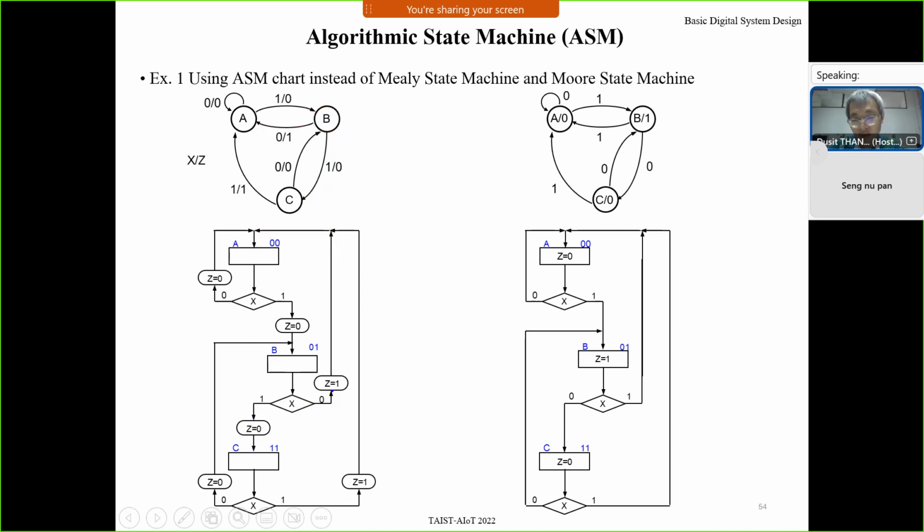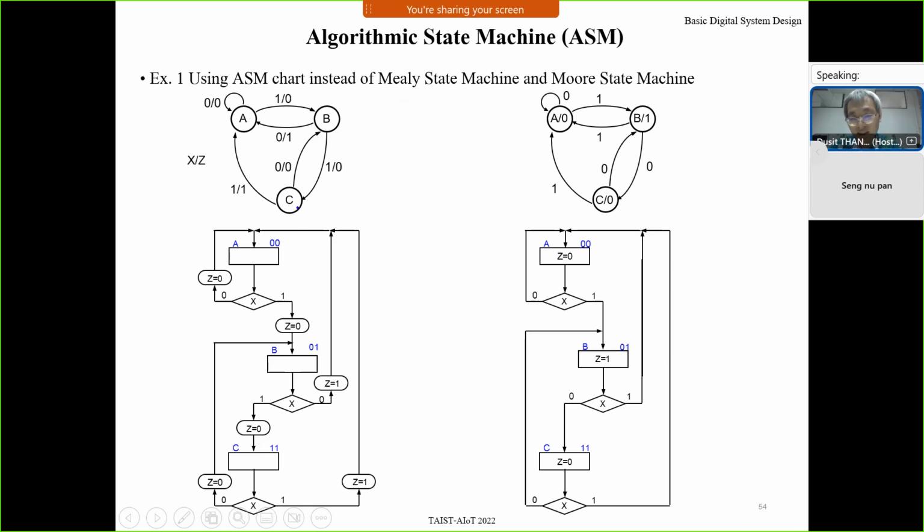Note, the output value may be 1 or 0, depending on the value of X at state B. Okay, so this is a Mealy type state machine.